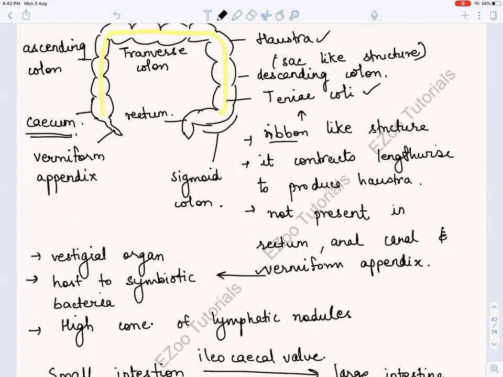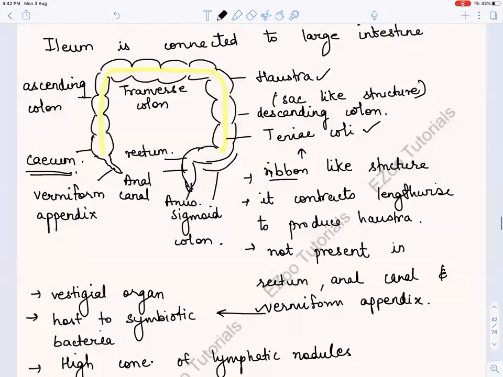Let me draw it a little bigger. So this is the anal canal, and finally there is the anus. So it is the terminal portion of the alimentary canal.